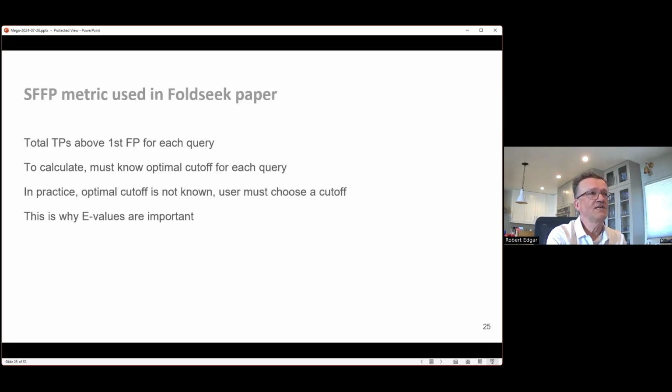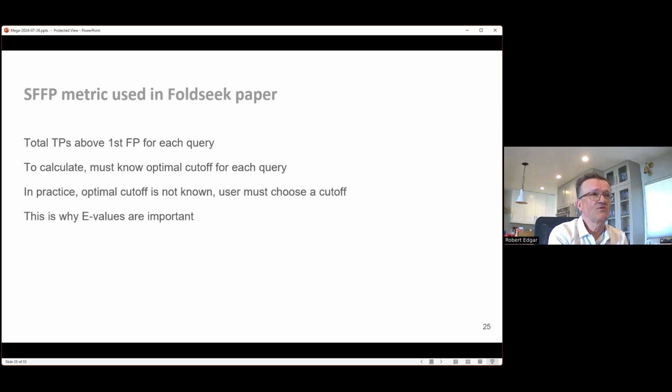To contrast that with the metric in the Foldseek paper, for each query separately, they look at the list sorted by the e-value, and they cut that list at the first false positive, and then they ask, what is the total number of true positives that you're left with over the whole benchmark?